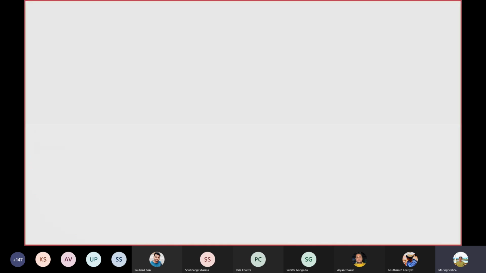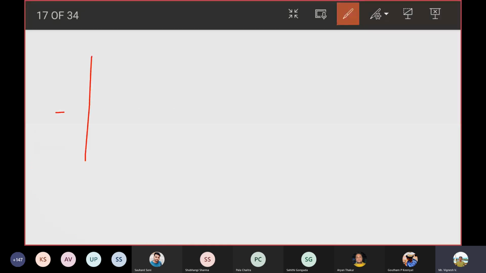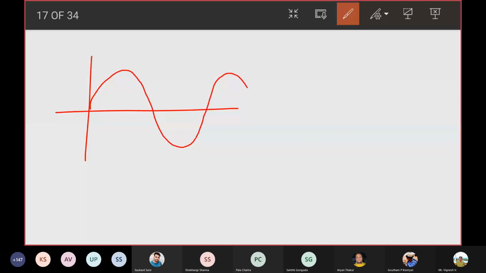So when you have a sinusoidal waveform, something like this, what is the RMS value from, say, this point to this point? What you do, you separate it into multiple subpoints. And you then find out what are these points, then square these points.